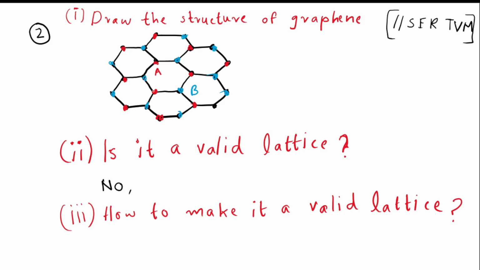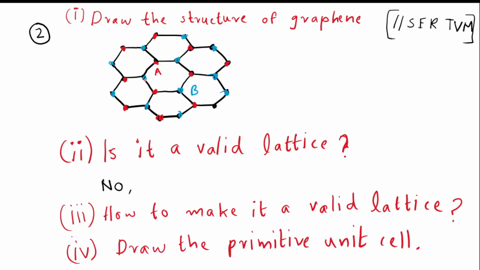So we know that there are 14 Bravais lattices which can be included in 7 crystal systems. So this belongs to hexagonal crystal system. Now they asked another question. They asked me to draw the primitive unit cell of this lattice. We know that the unit cell is the building block of a lattice.